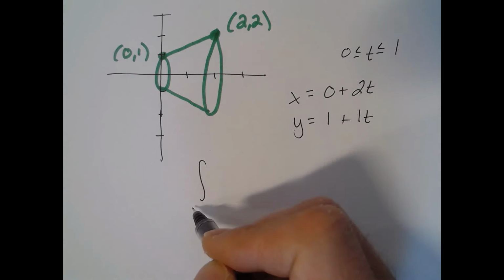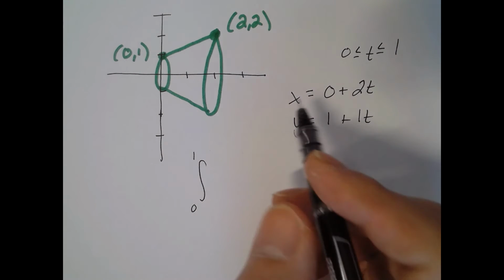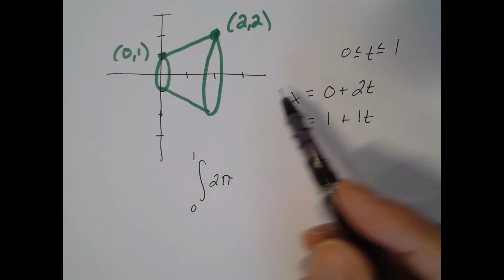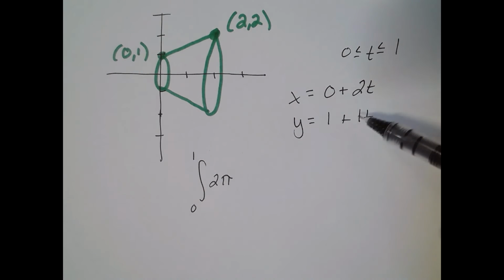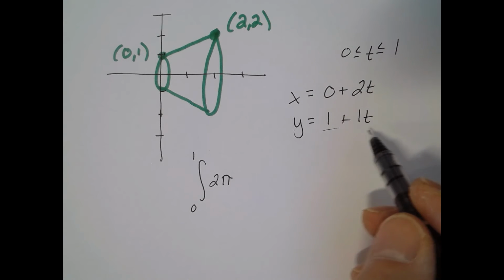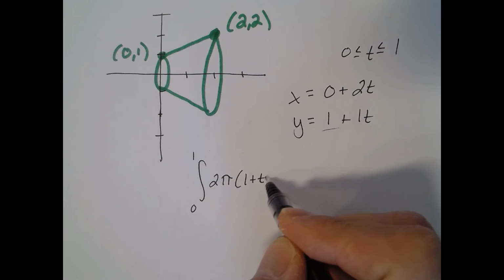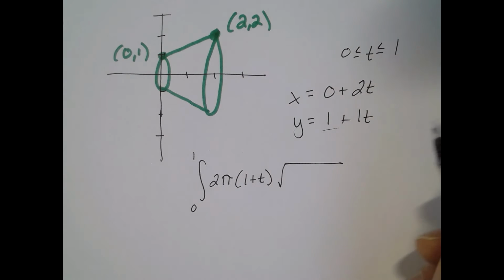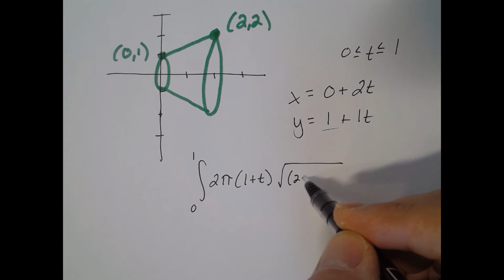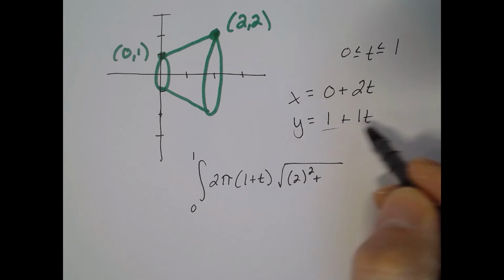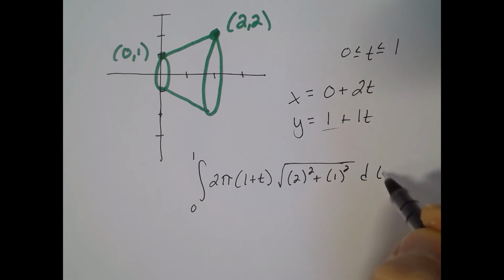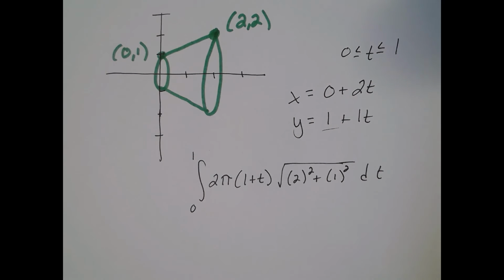So from 0 to 1, and it's 2 pi times the y, which is just 1 plus t, and then times the square root of dx/dt, which is 2 squared, plus dy/dt, which is 1 squared, dt. Okay, that will get us our surface area.